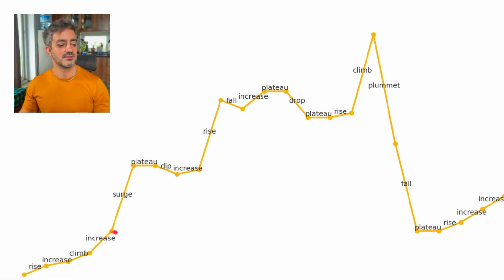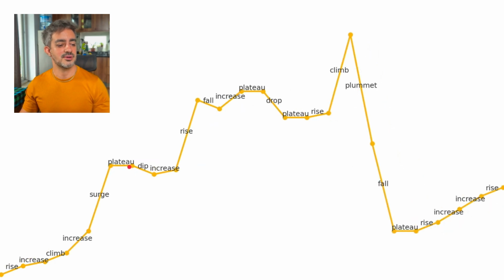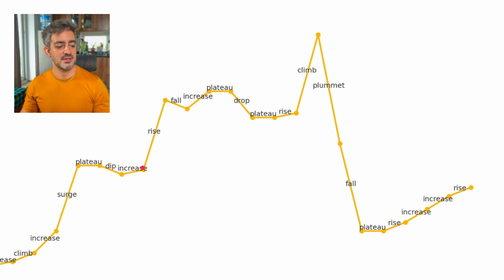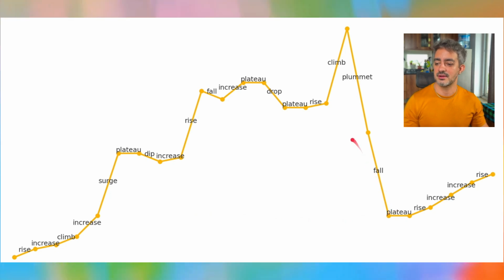Surge. That looks like surge is a sudden increase. Plateau, dip, a small drop. Increase, rise, fall. We don't always need to mark every single point, but you get the idea of some verbs that you can use to describe them.